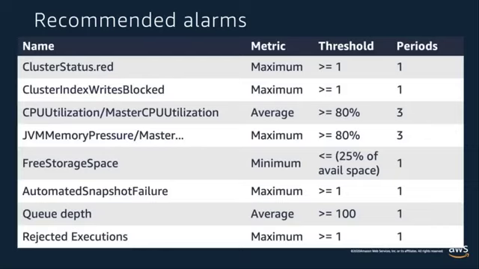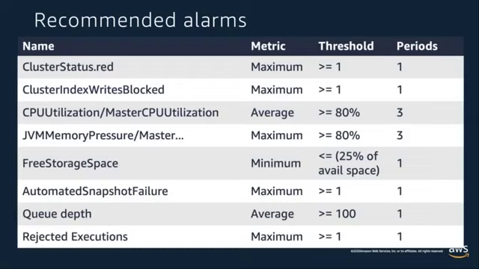Red means data is not allocated everywhere. Some data may have been lost in the cluster. Anyway, it's unavailable right now, and that's a condition you should monitor for. You should monitor your free storage space, and your index writes will be blocked when you run out of storage.